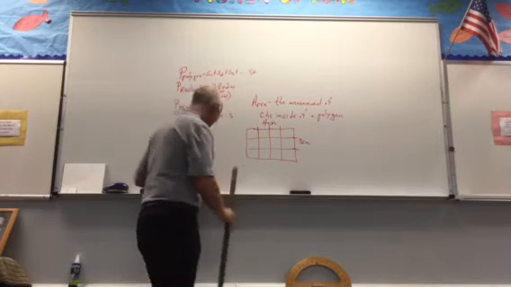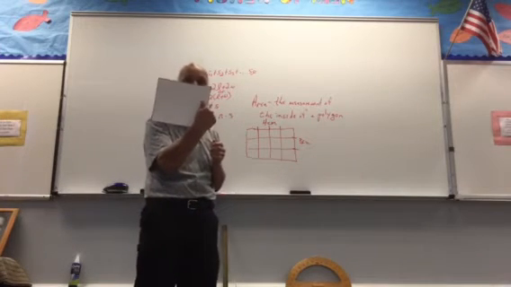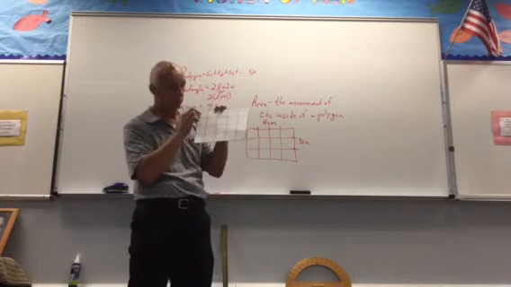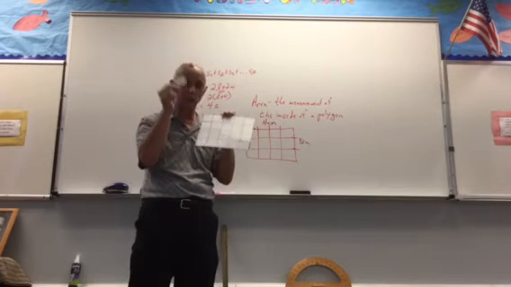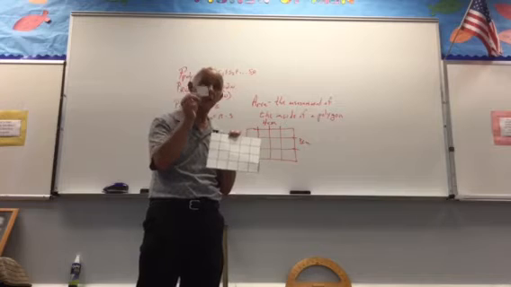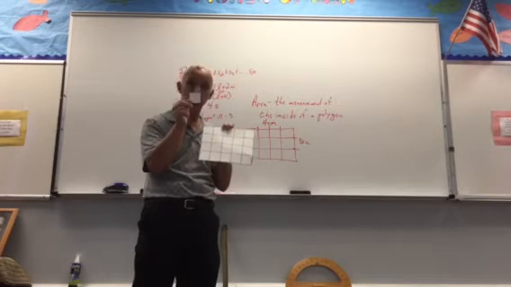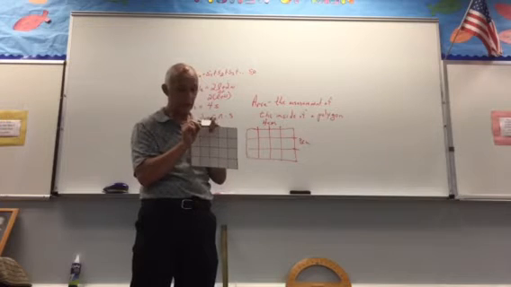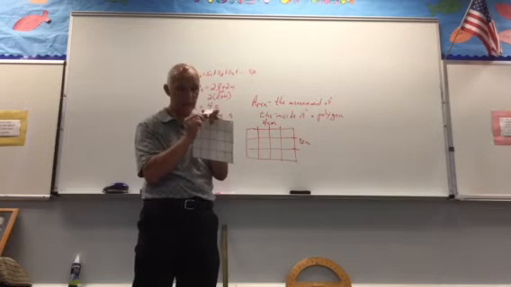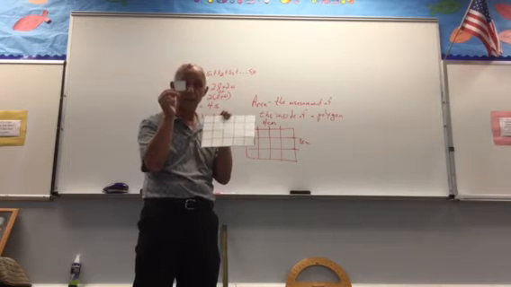Okay? And again, that would be like if I wanted this rectangle right here, and I broke it up into the little squares. Each of those squares would be this size. And this is called a square inch. And the reason this is called a square inch is because literally it's a square and each side is 1 inch long. Thus the name square inch.